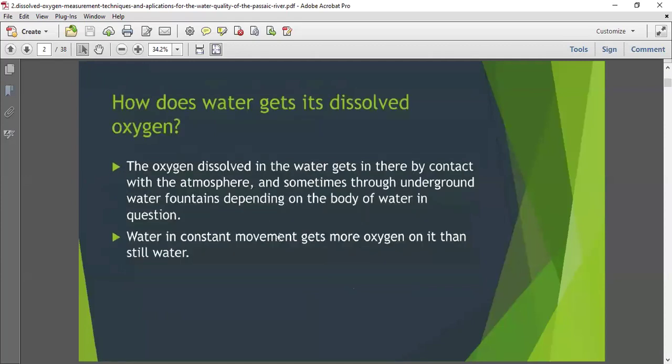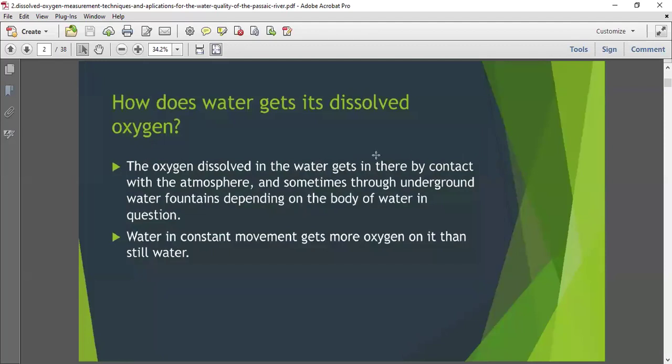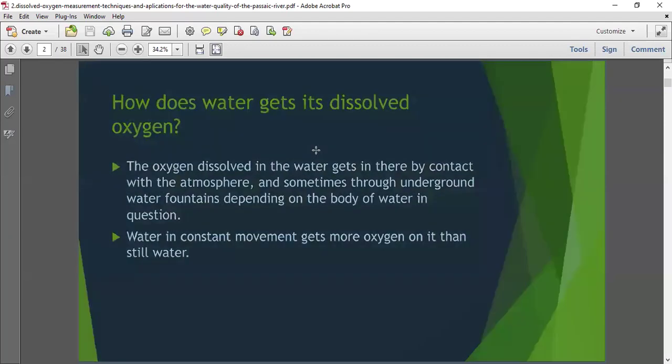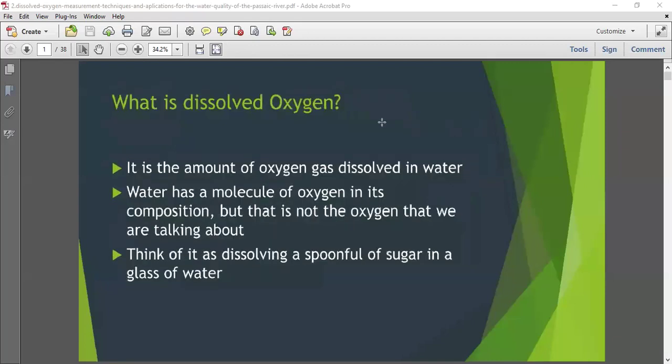Let's say dissolved oxygen. Right, what is this one?